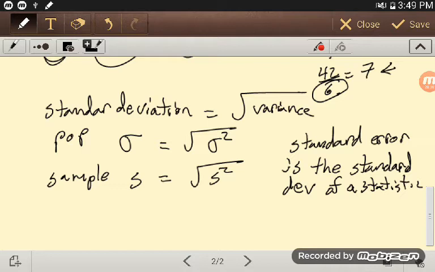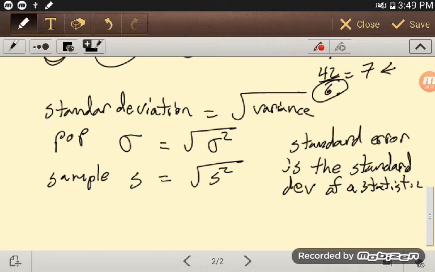If we talk about the sample mean and we get lots of different sample means, then that will have a distribution. Remember, that's a sampling distribution. So another way to look at it is the standard error is the standard deviation of a sampling distribution.